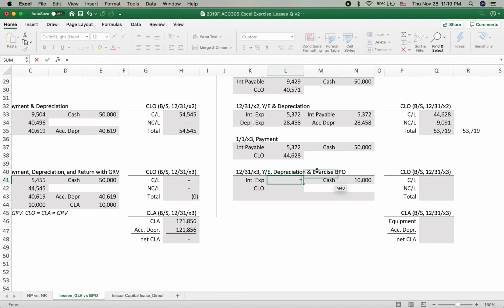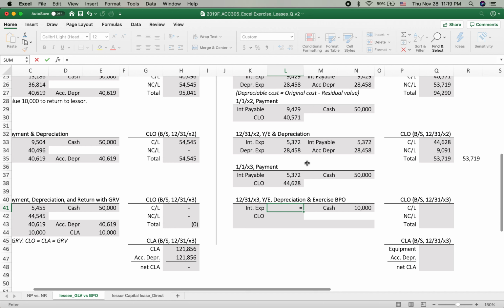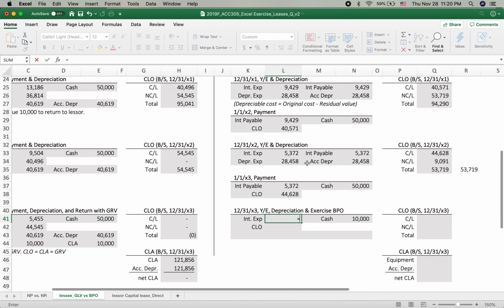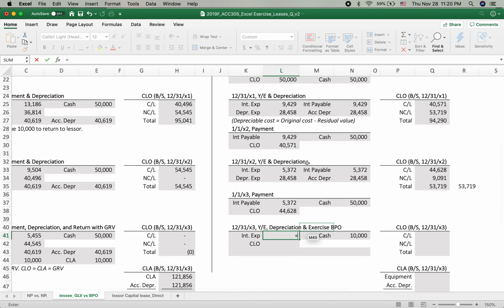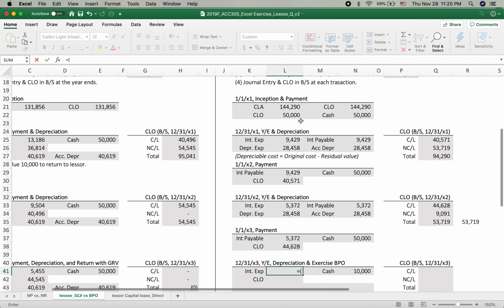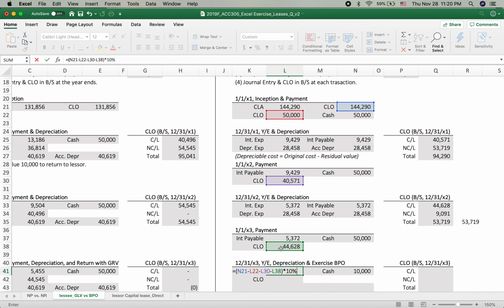So interest expense. Let's calculate interest expense one more time. How do you calculate it? Okay, one more time. Total amount, current liability, the capital lease obligation minus 50. Let's subtract all the capital lease obligation, which is the principal amount, and the 10%.